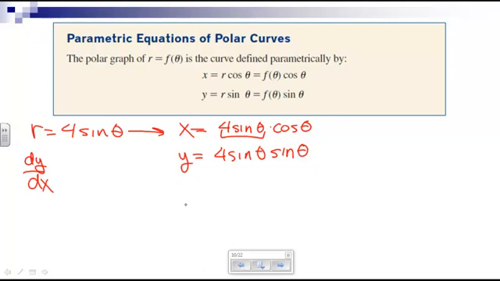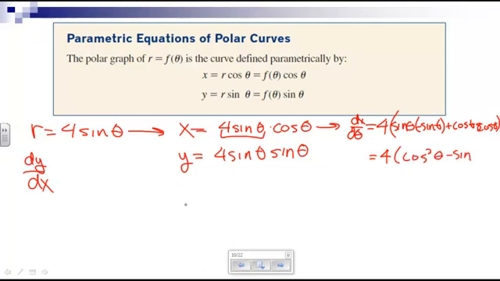You just take the derivative of both of them. If I take the derivative of this with respect to theta, it's a product rule: first times the derivative of the second plus the second times the derivative of the first. Oh, ugly. 4 times cosine squared theta minus sine squared theta.